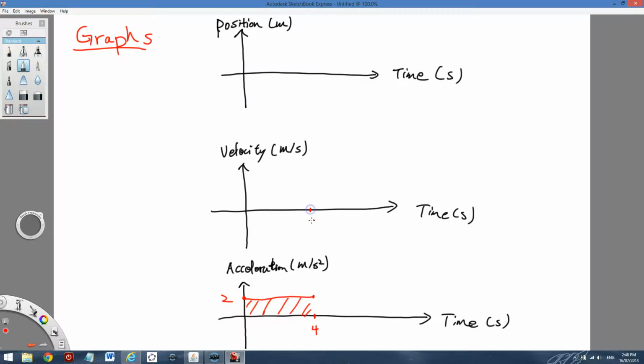So when the time is 4 seconds, its velocity must be 8 meters per second. So that's the relationship. The area under the acceleration graph gives you velocity. So just let me write it down. Area under graph.